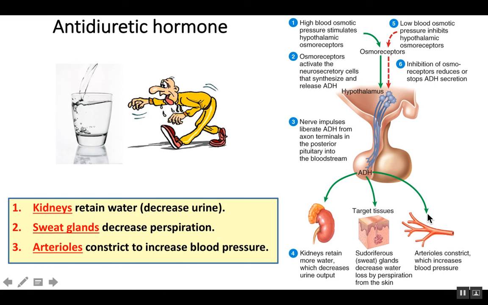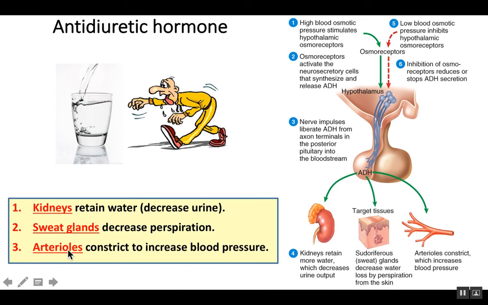Once in the bloodstream, ADH has 3 primary targets. Kidneys, which will then retain water and as a result decrease urine output. The next target are sweat glands in order to decrease the release of water, decrease perspiration. And then finally, arterioles.